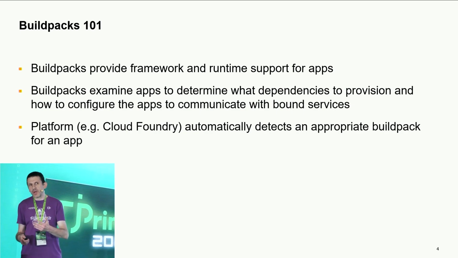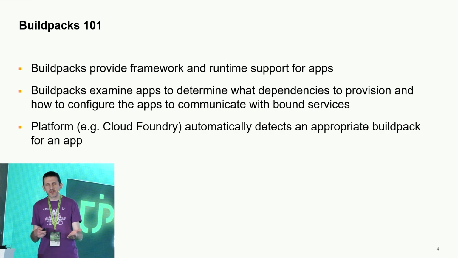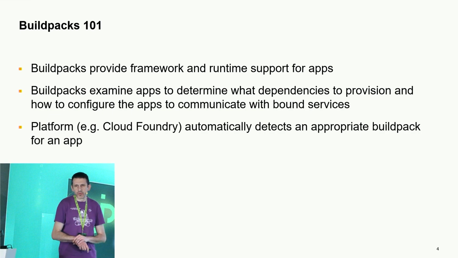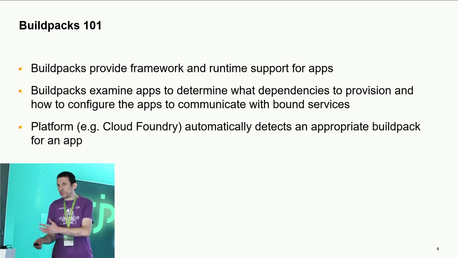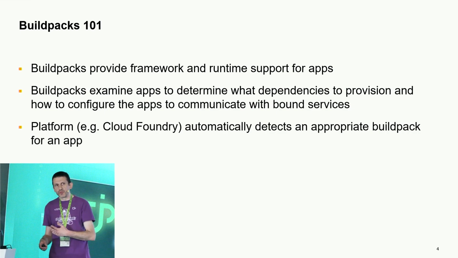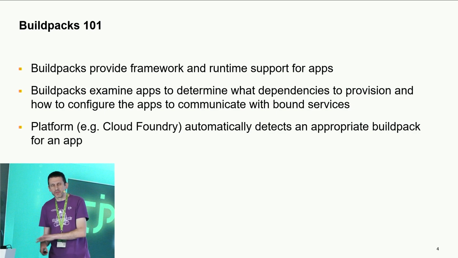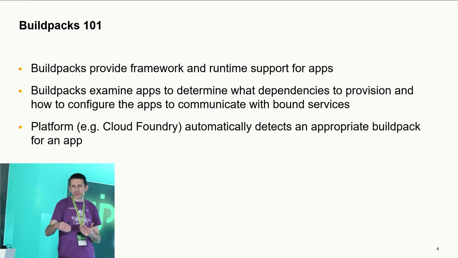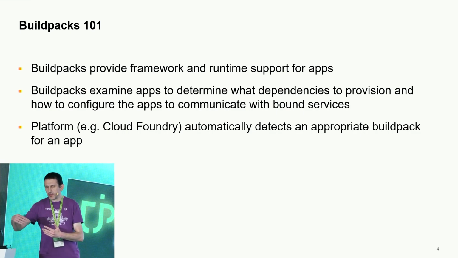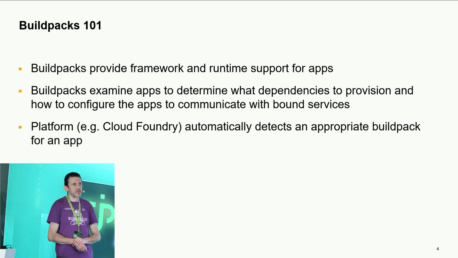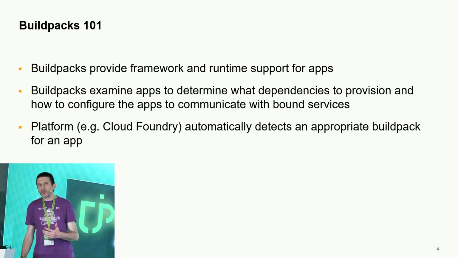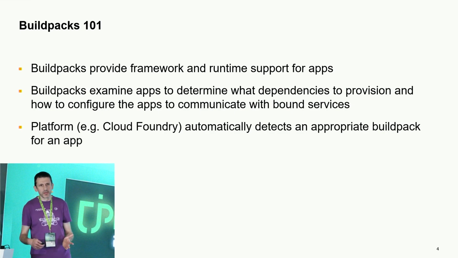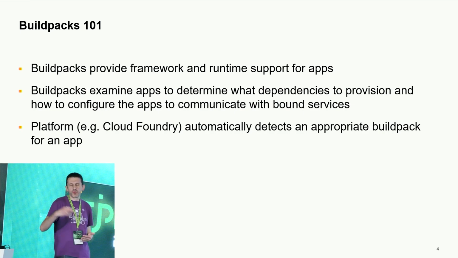It would analyze what dependencies your application has and provide those dependencies for you. It also analyzes what services you want to use from the platform of choice, and configures those services, binding them to the application so that your application can communicate with and use these services. It would also bring a runtime environment for your application, be it Tomcat or TomEE.